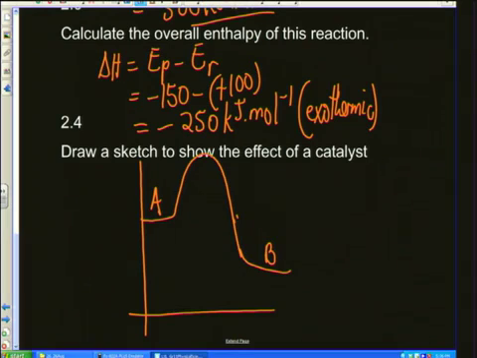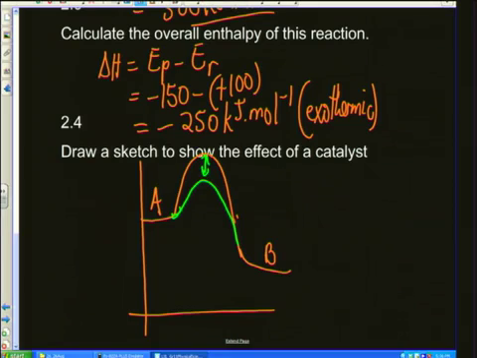If I supply a catalyst, the catalyst will lower the energy hill. But I need to be conscious, because it is only lowering that energy hill.